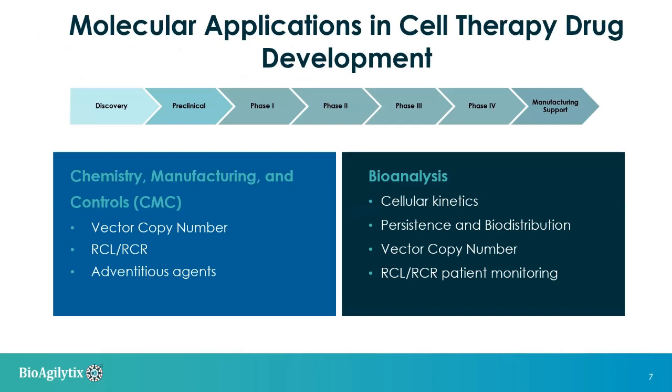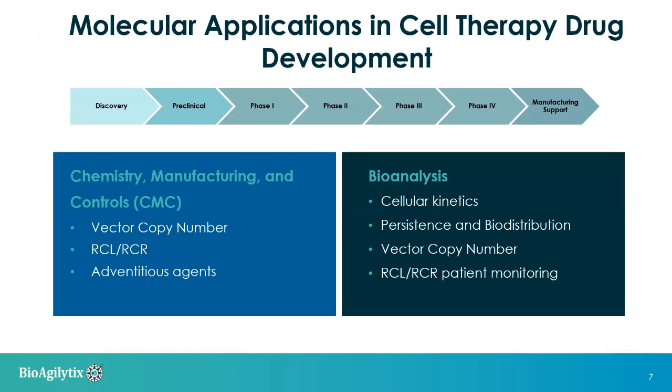So today, my colleague Xishan and I are going to talk about molecular applications that are used to support the development of cell therapies. And this is with respect to CMC and bioanalytical testing. And more specifically, we're going to cover the following assays. We're going to be talking about vector copy number assays, RCL and RCR testing, as well as adventitious agents for CMC support.